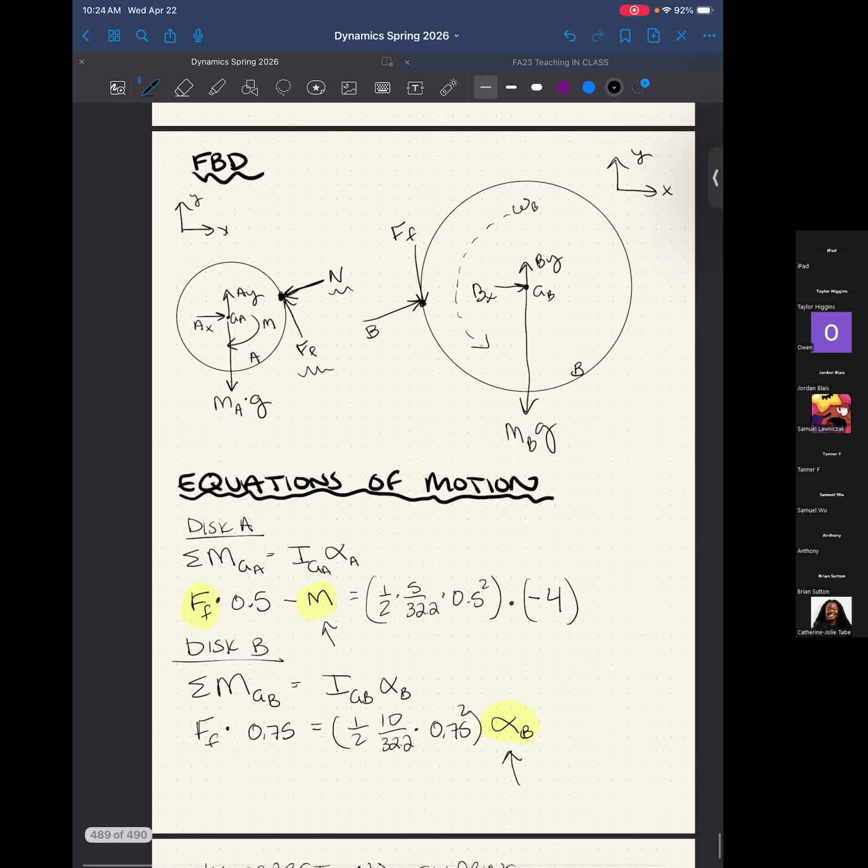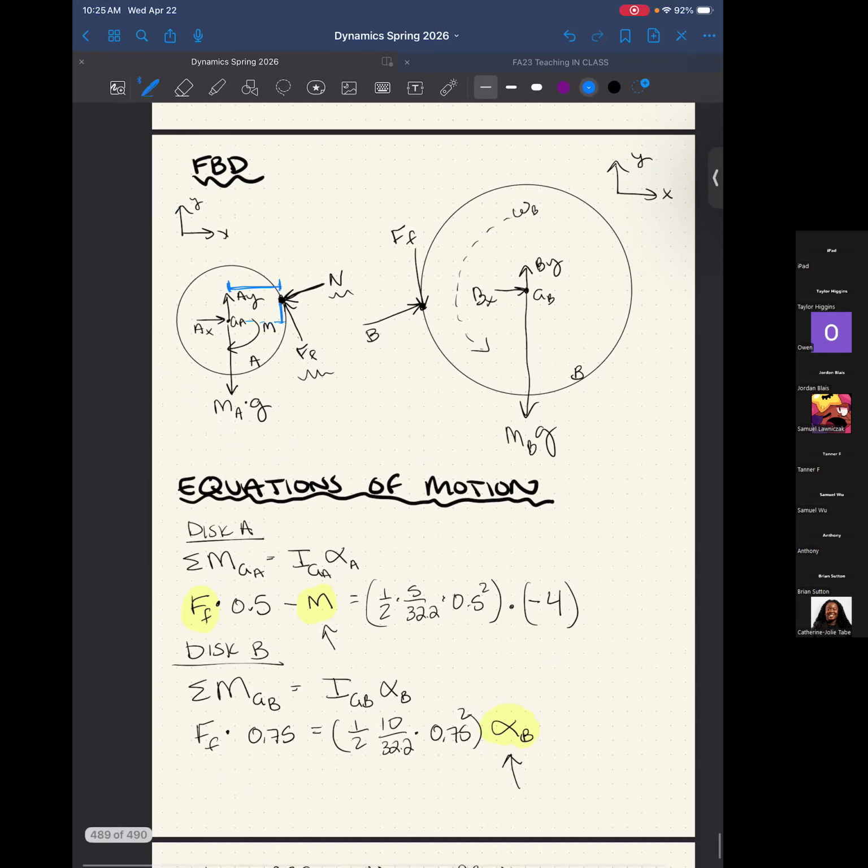I don't know this distance, and I don't know this distance. I'm not given enough information to do the trig there, I don't think.